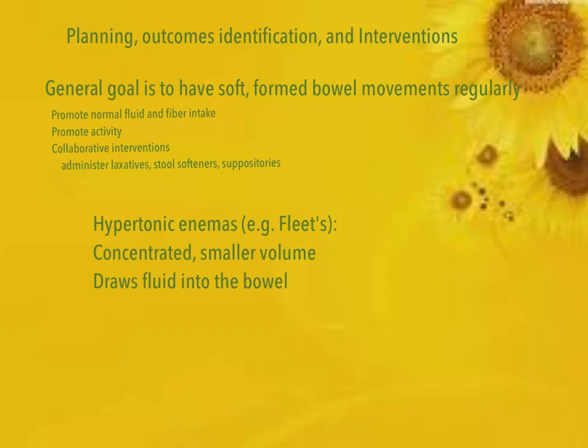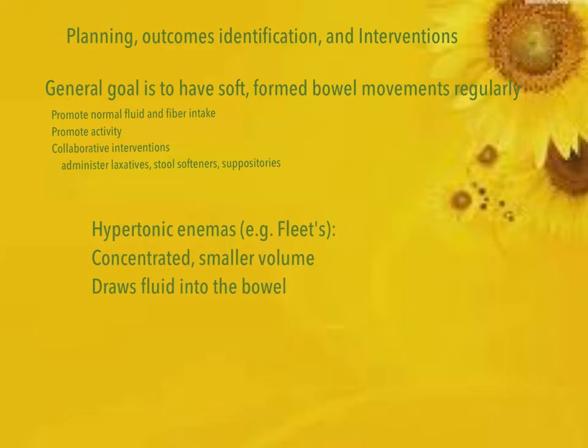Remember, everything kind of wants to equalize. If something has a lot of water and it's very diluted, it's going to be attracted to the solution that is more concentrated and less diluted. So we're drawing a lot of fluid into the bowel, and it's going to accomplish about the same thing. You're going to have a distended colon and rapid evacuation of the contents.